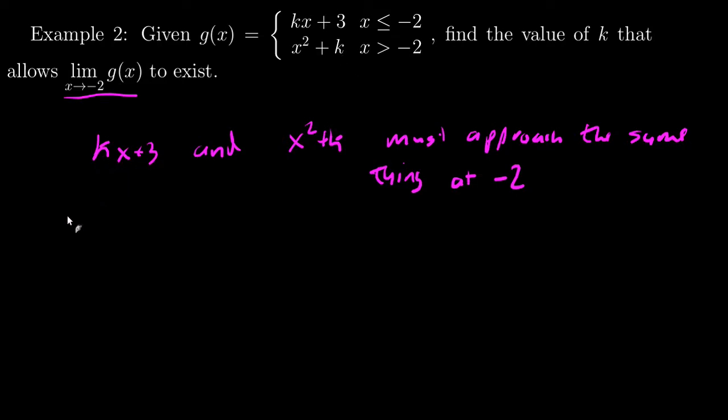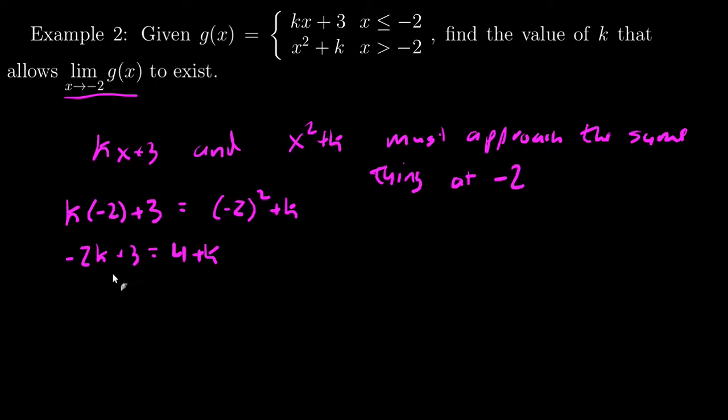This will be approaching k times -2 plus 3 when x is -2. This will be approaching -2 squared plus k from the right. And if I want them to approach the same thing, I just will make them equal to each other. And I'll solve this out. I have -2k plus 3 equals 4 plus k.